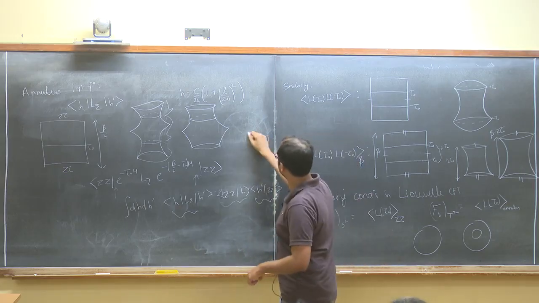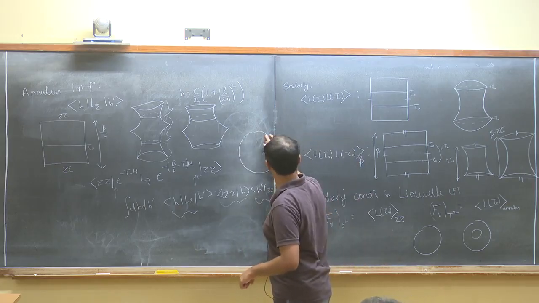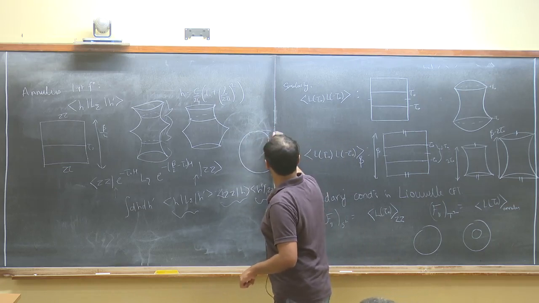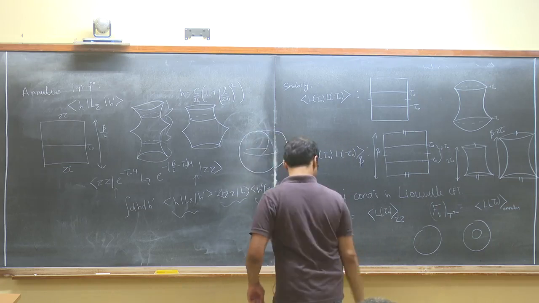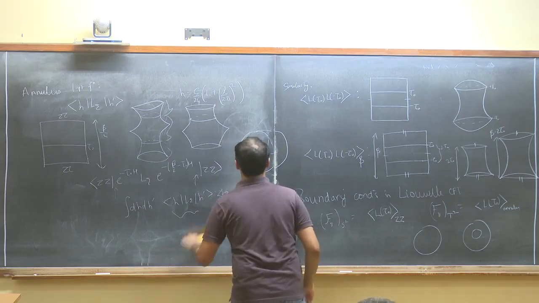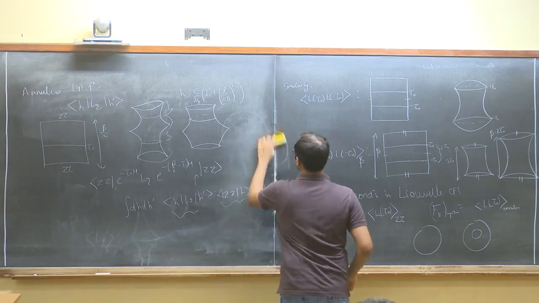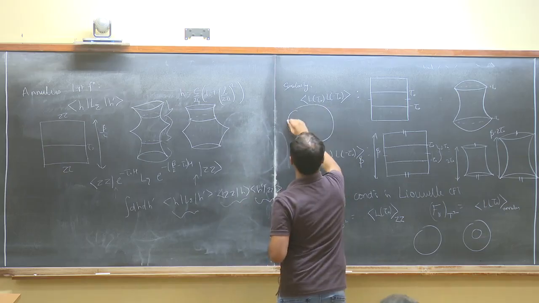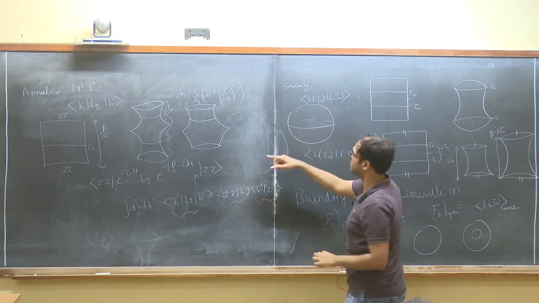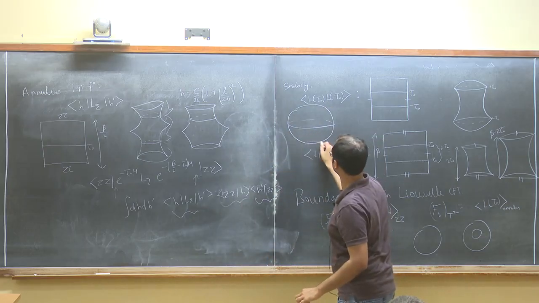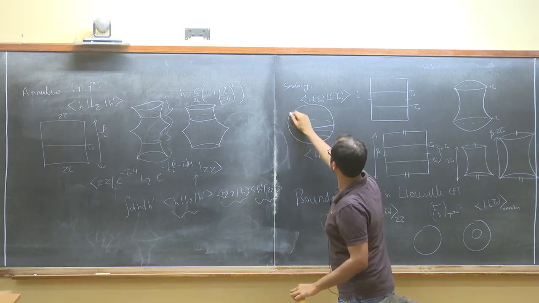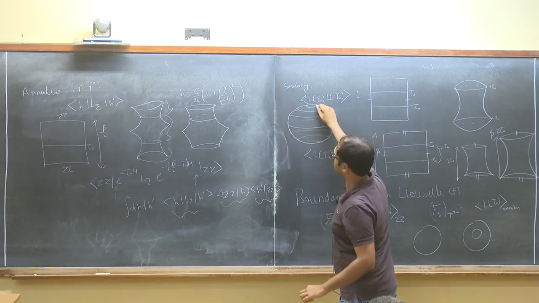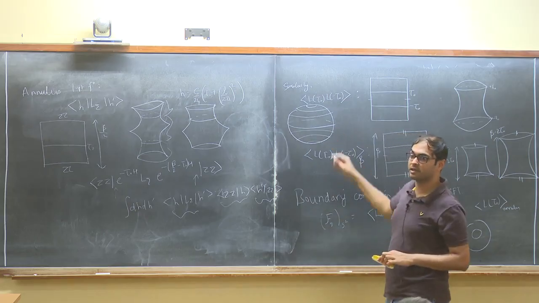So if you have H3, then the way to slice this to obtain these results is like this, so that each of these slices is a hyperbolic disk.